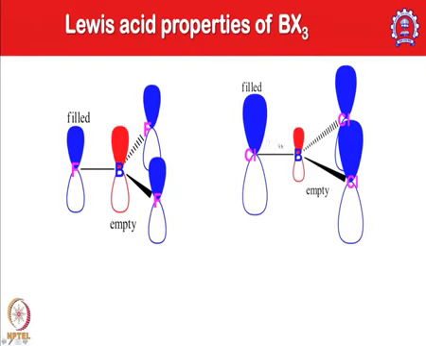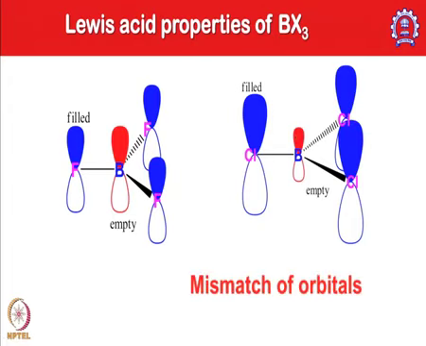So, here the interaction is not very effective. So, the boron atom still has more electron deficiency, making BCl3 a much stronger Lewis acid. Essentially, we call this a mismatch of orbitals.